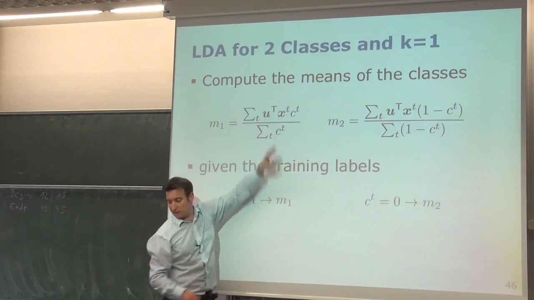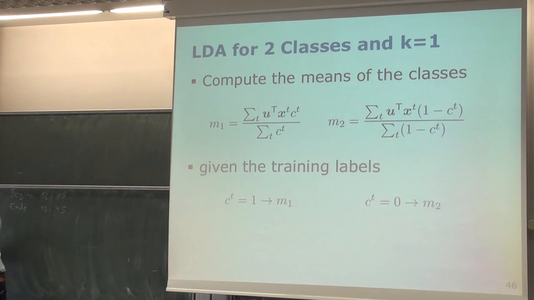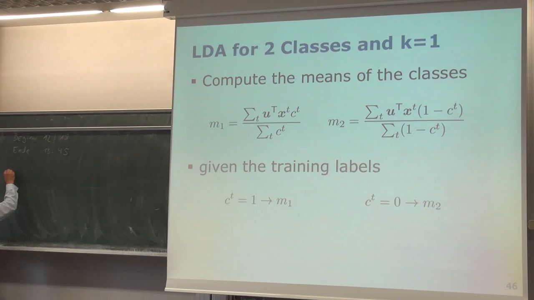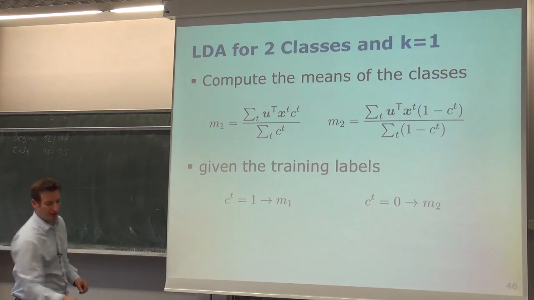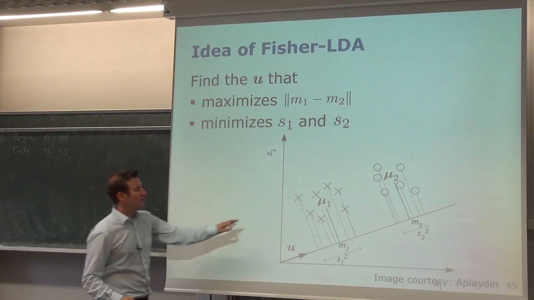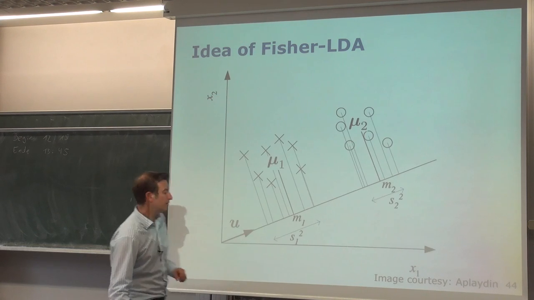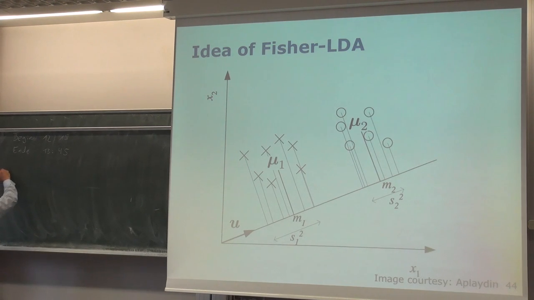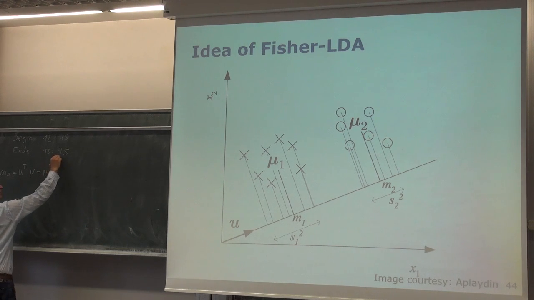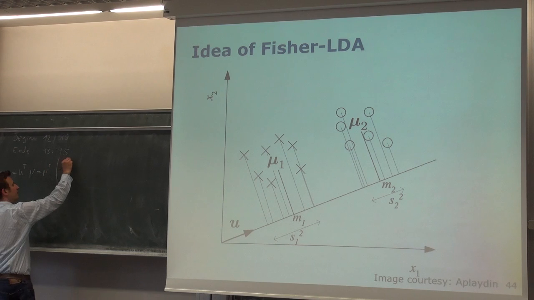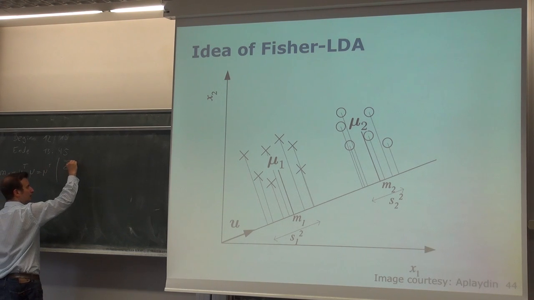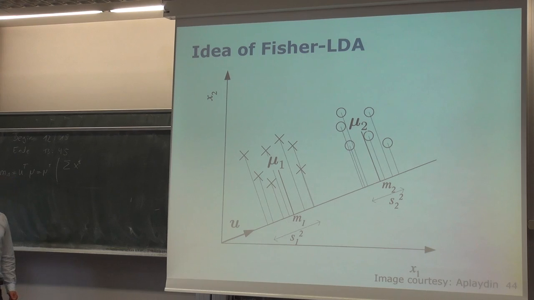So let's maybe write that slightly differently. We said before, if you go back to this plot, this is the projection of the mean 1 onto U. So M1 is U transposed and the mean. What is the mean? The mean is the sum over all points xt which belong to class number 1.